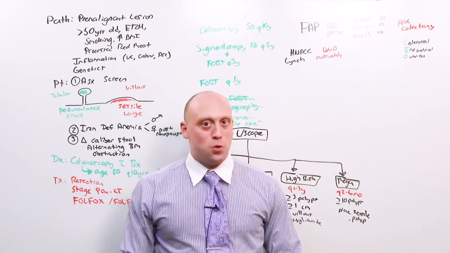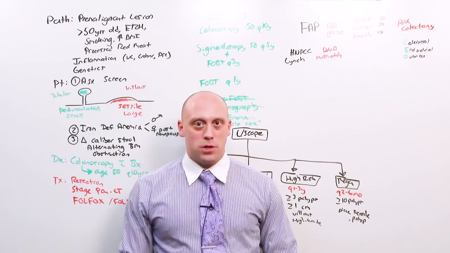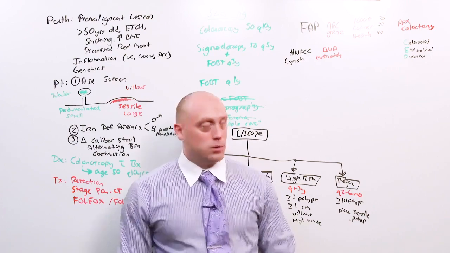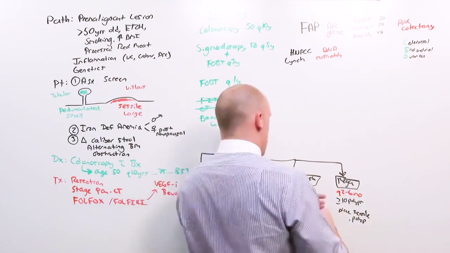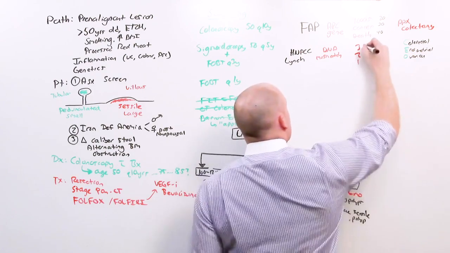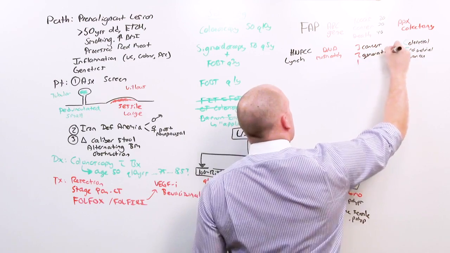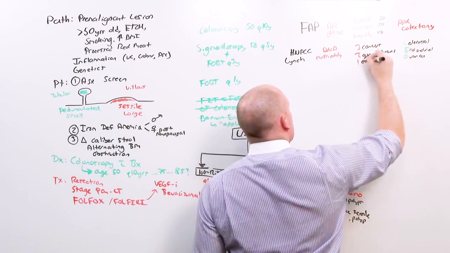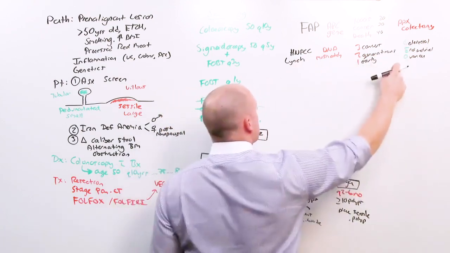If you see the 3-2-1 rule, 3 cancers, 2 generations, 1 premature, it's Lynch syndrome. Three cancers, 2 generations, 1 early. HNPCC, watch out for these.